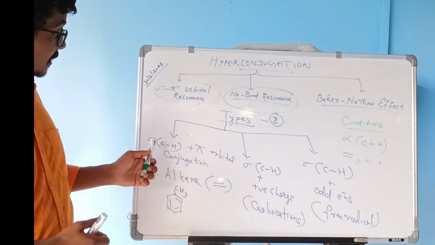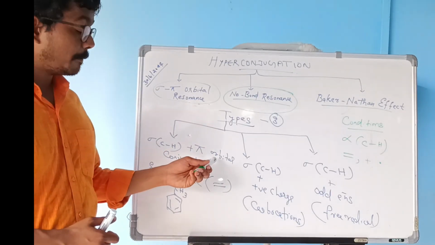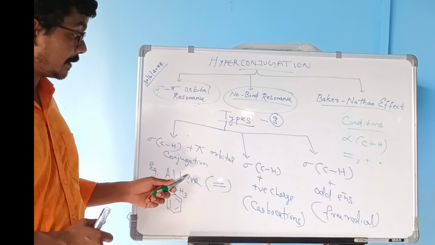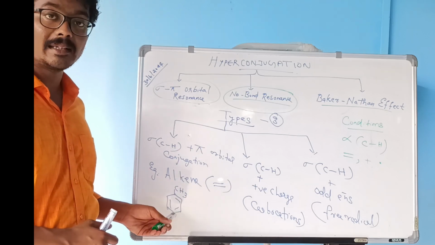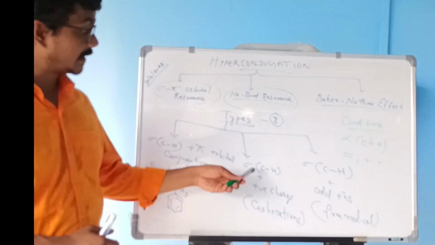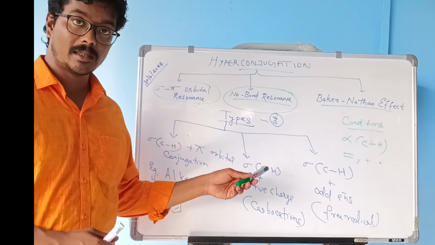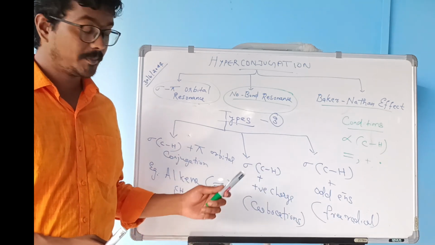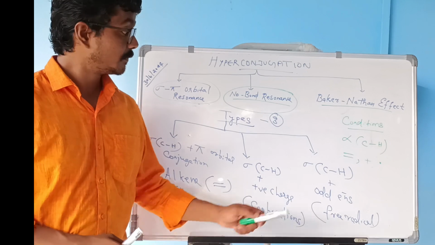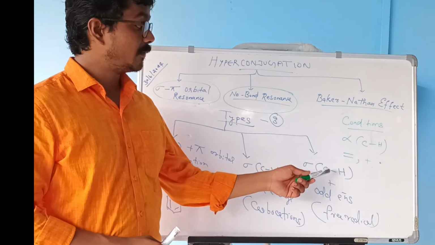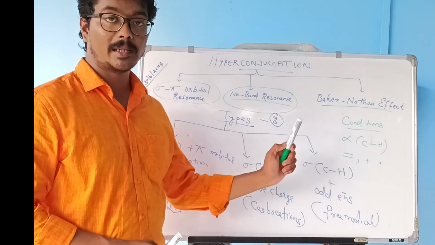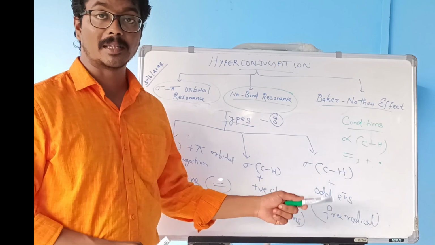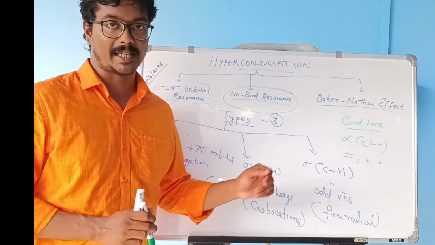First one is sigma electrons with a pi orbital conjugation, example is alkene or alkyl substituted arenes. Second is sigma electrons of alpha carbon and hydrogen with the positively charged center, that is carbocations, and third, sigma electrons of alpha carbon hydrogen with an odd electron, that is a free radical. These are the three types.